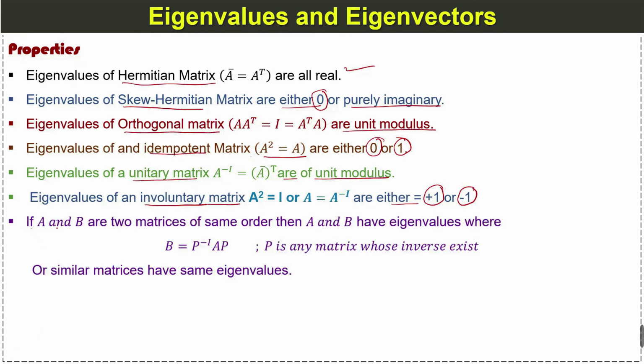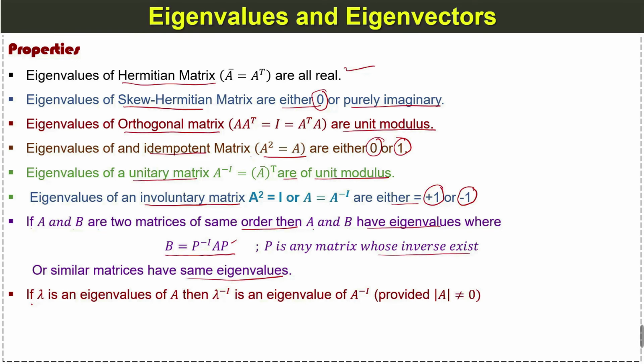If A and B are two matrices of the same order, where B is equal to P inverse A P, with P any matrix whose inverse exists, then they are similar matrices and have the same eigenvalues.